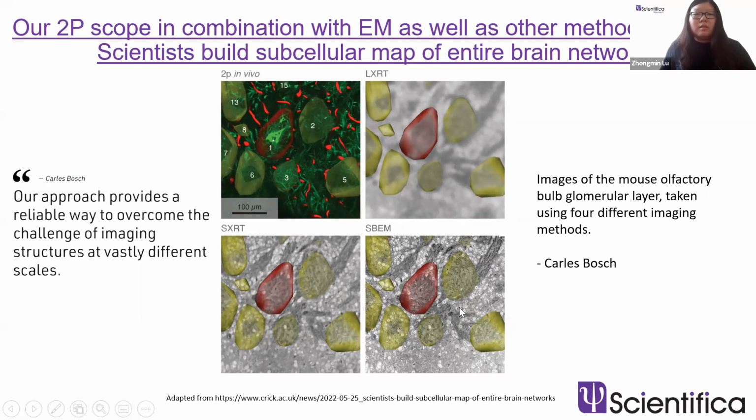You can see this is imaging on the same spot in the same brain region. So this approach provides a reliable way to overcome the challenge of imaging structures at vastly different scales.